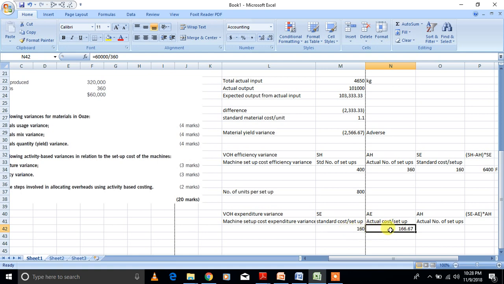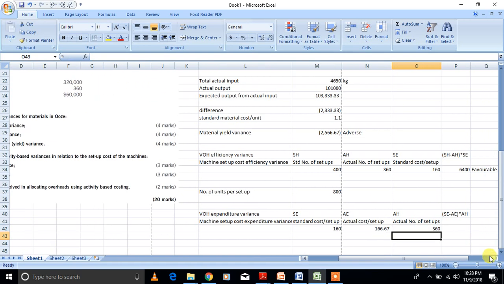You have spent $6.67 more. Multiply this by the actual number of setups, which is 360. Standard rate is 160, actual rate is more than that, so you get a minus variance, which is an adverse variance. 360 setups, $2,400 adverse.